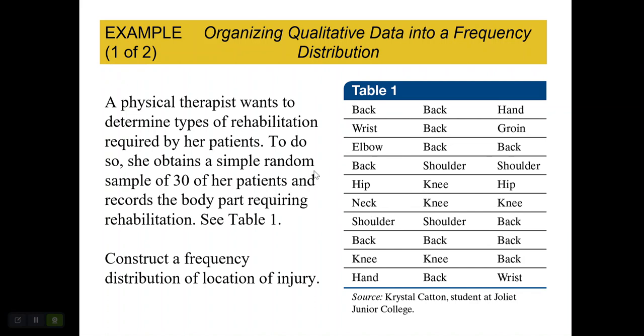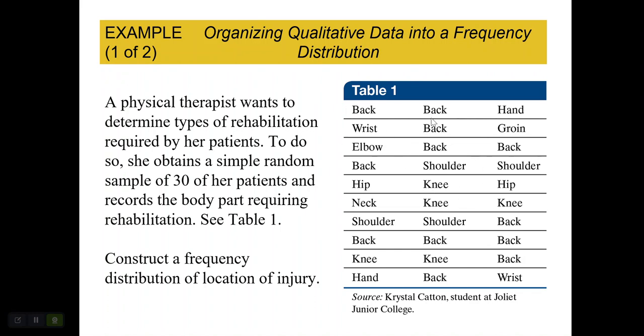This is a sample of 30 patients going through physical therapy. And some people go to physical therapy because of back pain or knee pain or hand pain or whatever, or shoulder pain.